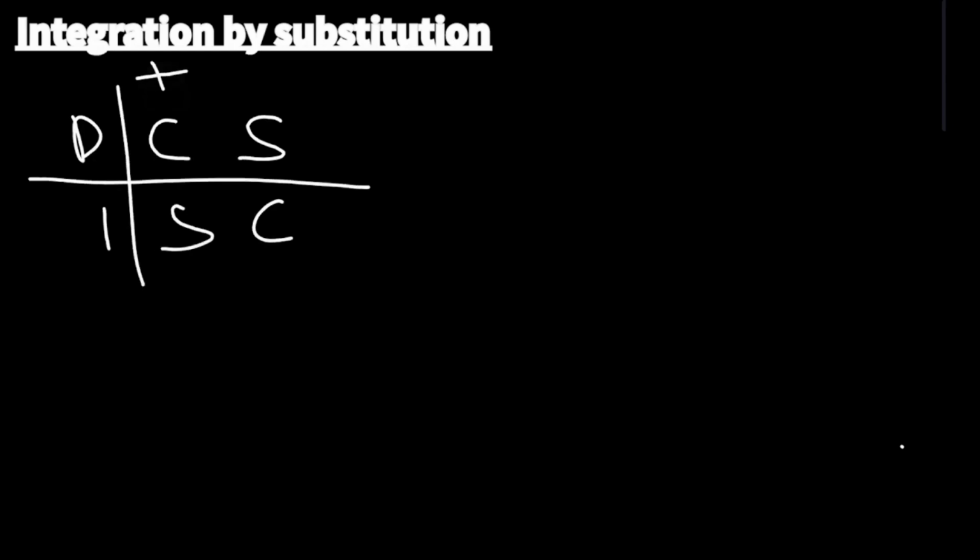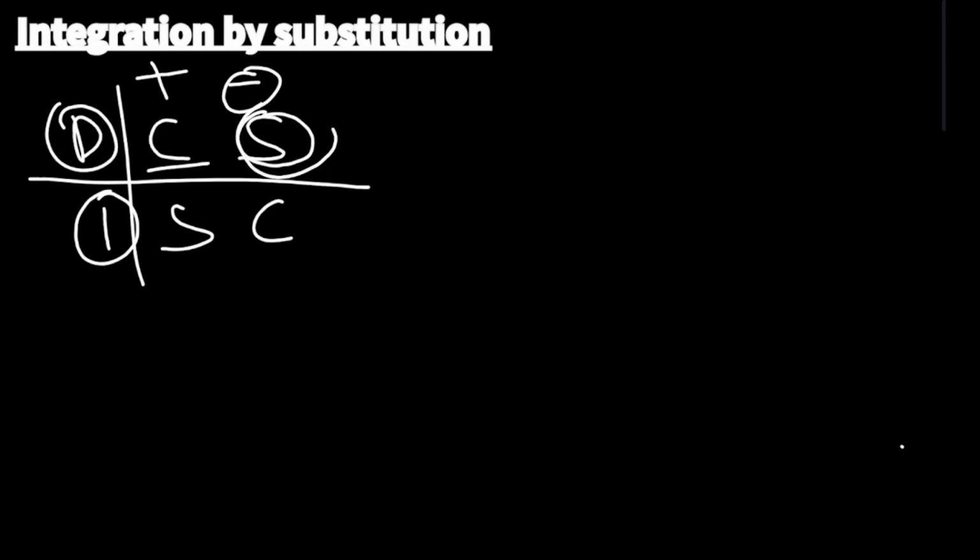So we have a positive here and a negative here. D stands for derivative, I stands for integration. The derivative of cos is negative sine because of the sign here, and the derivative of sine is positive cos.